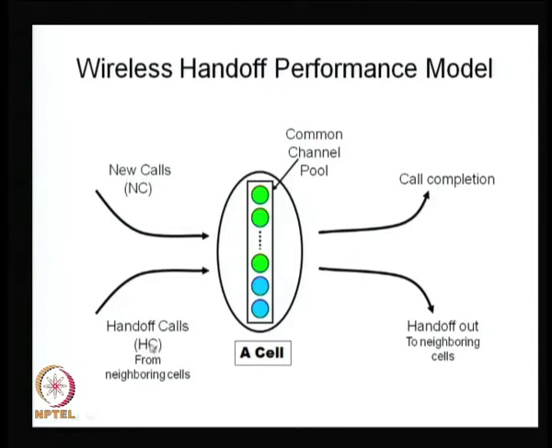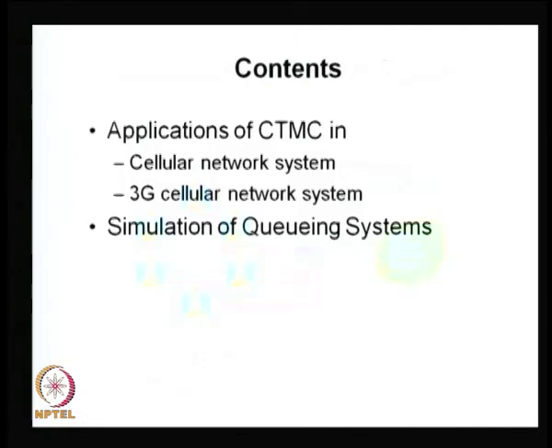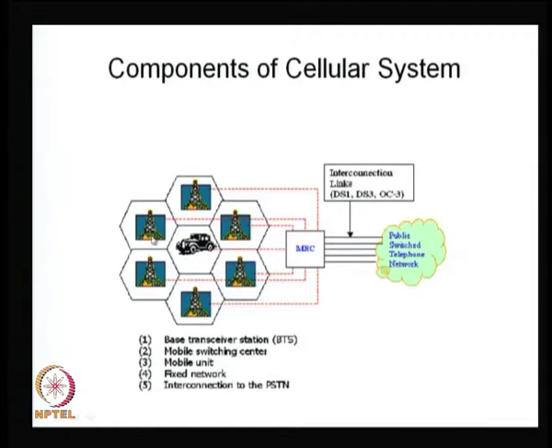A handoff call is a call originated in the neighbor cells and coming into the cell we are studying. Suppose calls originate in these neighbor cells and come into the underlying cell we are considering, then those calls are called handoff calls. It can come from one neighbor cell to this cell, or from another, and so on.